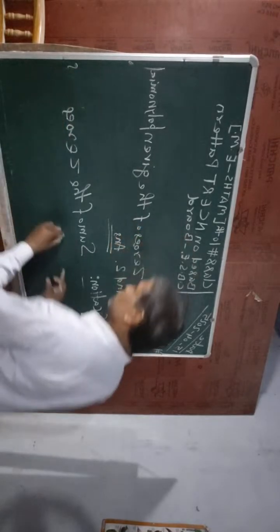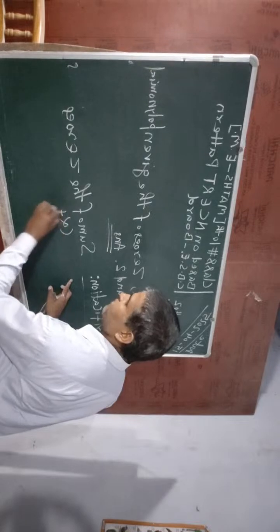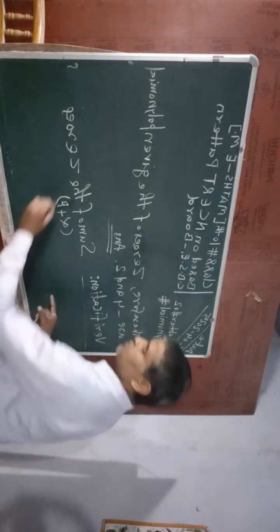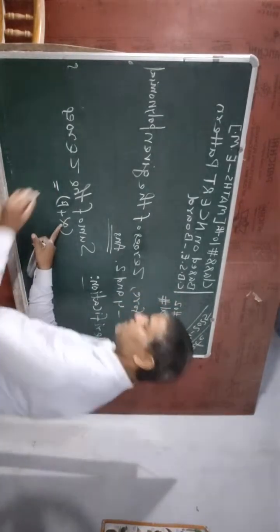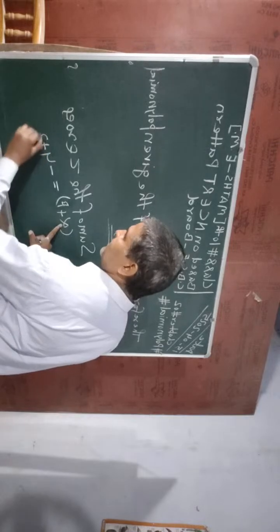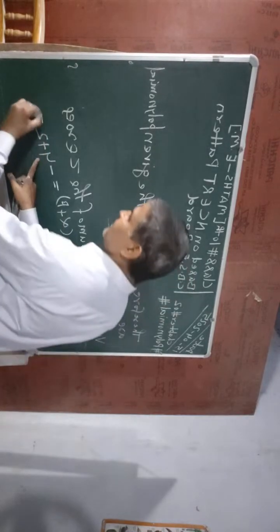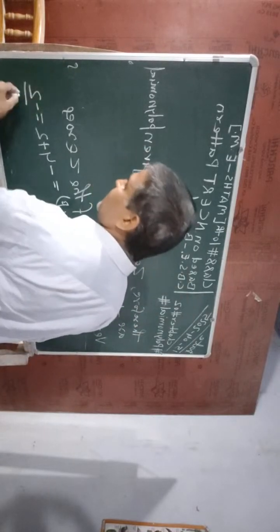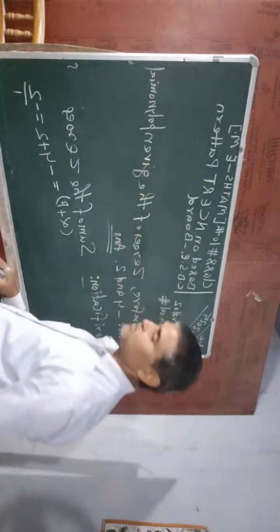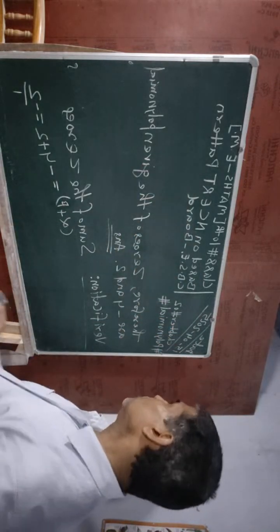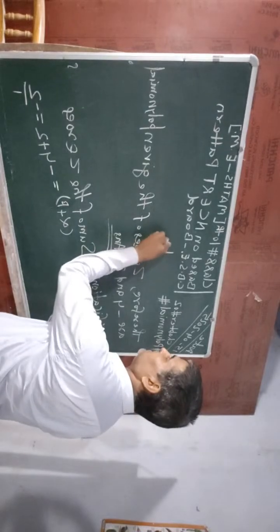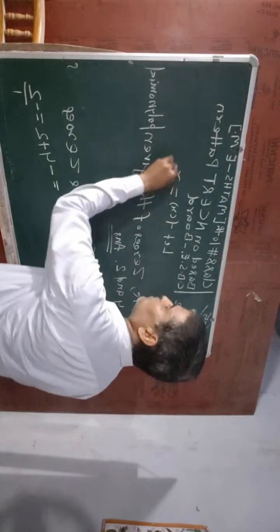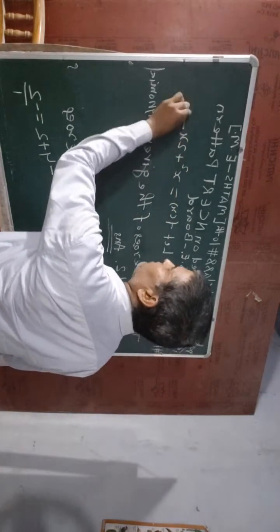Sum of the zeros is equal to, in the bracket I write alpha plus beta, because it has two zero values, one is alpha and the other is beta. So the value of alpha is -4 and the value of beta is 2. After adding we will get -2. In the place of -2 I can put -2 divided by 1. Okay student, the given polynomial is f of x is equal to x square plus 2x minus 8.